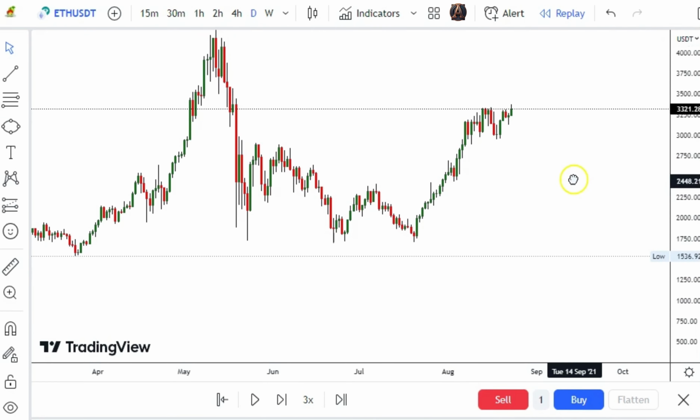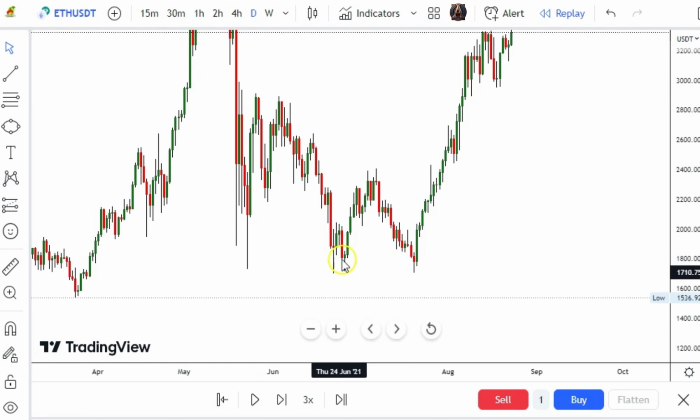Also, here we see that a hammer candlestick and a bullish confirmation candle and a good uptrend have been formed. And here a hammer pattern and the confirmation candle and a good uptrend.